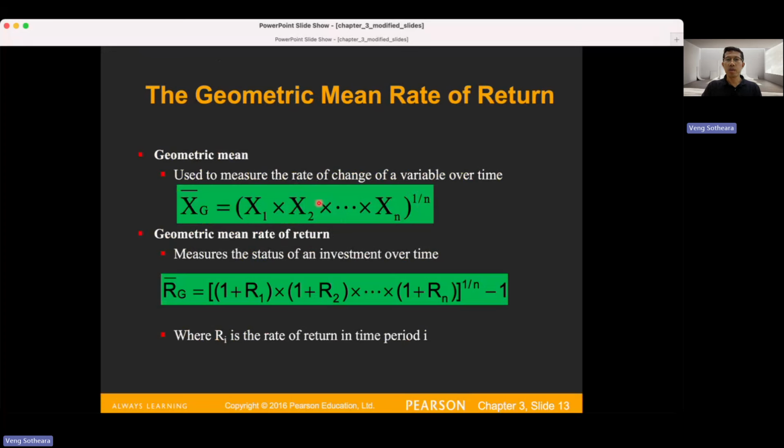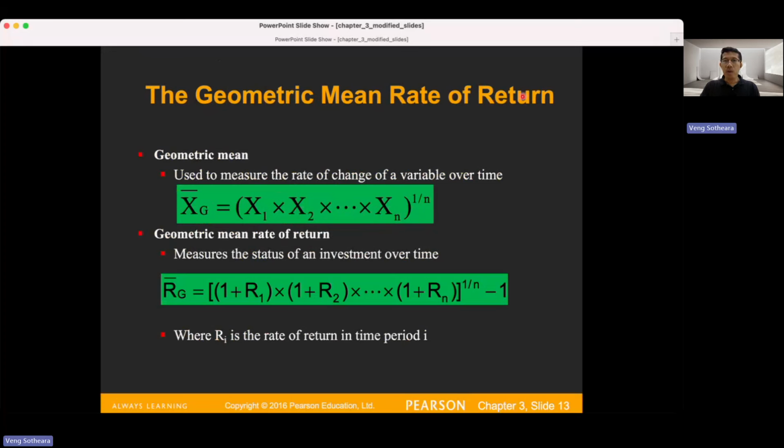This is quite different from the usual mean, which is computed by x1 plus x2 all the way up to xn, divided by n. But in the geometric mean we use multiplication. To differentiate it from the general mean, we use x bar with the index g. G here stands for geometric.